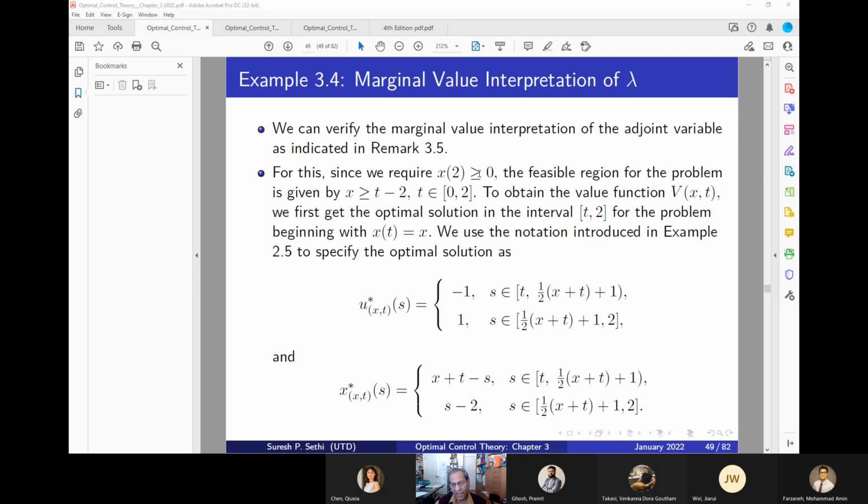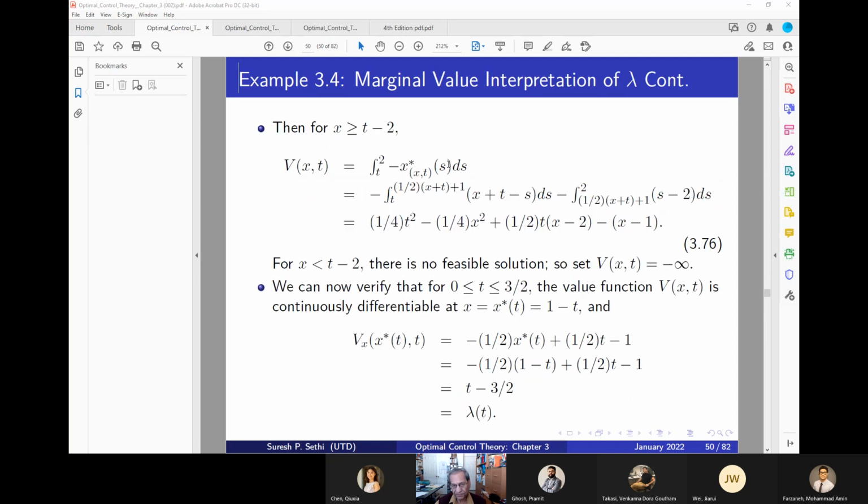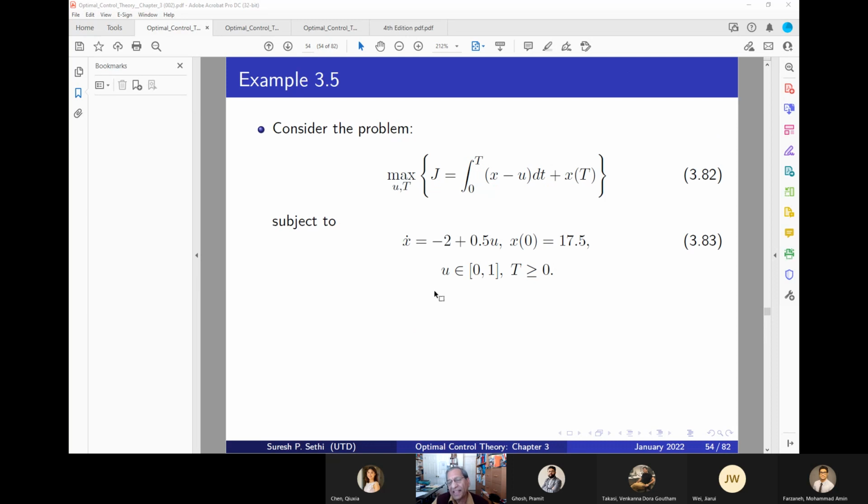So I don't want to give the impression that the only time we can solve the control problem is when you can guess it. Guessing always helps, but it should be more than that. So we slowly are getting problems where we cannot guess the solution, okay? And we can still use the maximum principle to solve the problem.